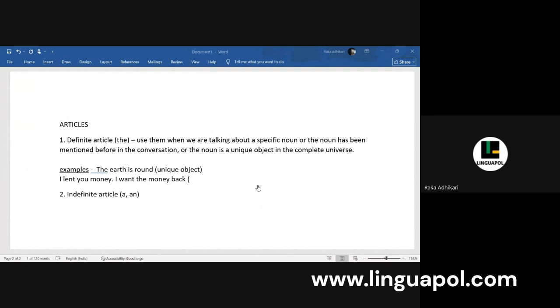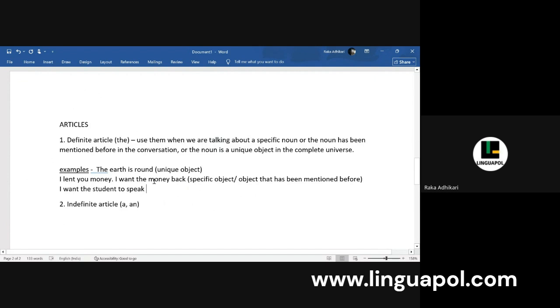That means I am not asking for money from you. I'm asking my money back. We are talking about some specific money. So here we are talking about specific object or object that has been mentioned before. If I say, I want the student who was absent to speak.